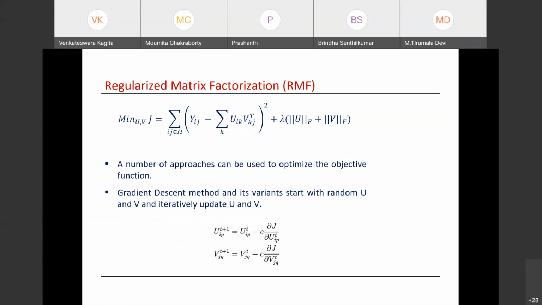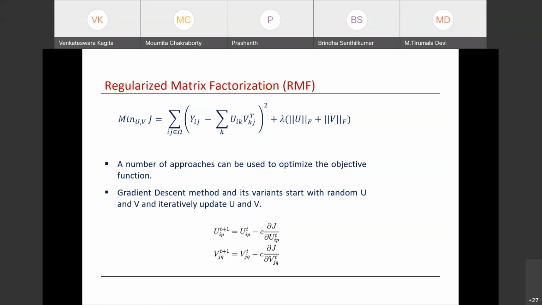So this is the update rule. Suppose you want to update U_ip, which is a particular entry in U, and V_jq, which is a particular entry in V. You can update that using U_ip minus alpha times the derivative of J with respect to U_ip. So the C is equal to alpha in our case. Using the gradient descent algorithm, you can update.